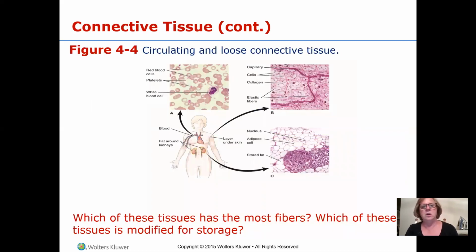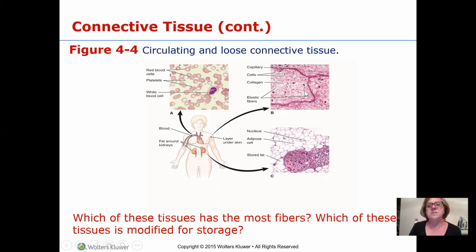So if we look here at circulating and loose connective tissue, this is a blood smear, and you can see all of the different kinds of cells that are in that blood. You have red blood cells and platelets and white blood cells. All of that is circulating, but it's a type of connective tissue, both blood and lymph.